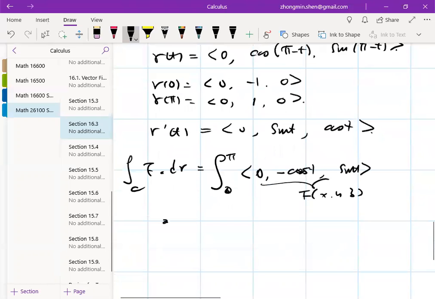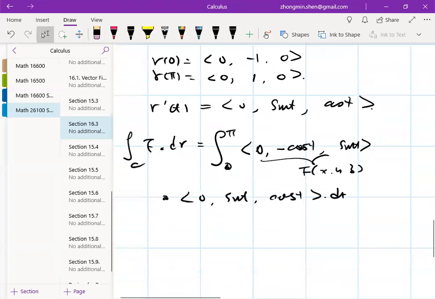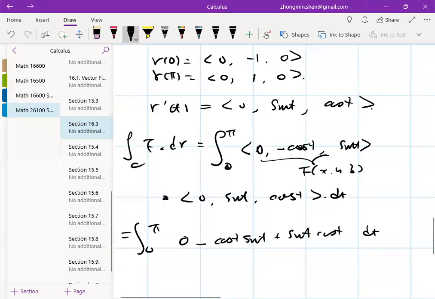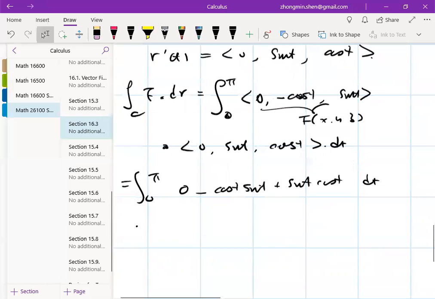Then the dot product with r prime of t. So now when you multiply this out, you will see that it's going to be 0, negative cosine t sine t, plus sine t cosine t, and that's dt. So it's actually going to be 0. In this case, you get 0. Right.